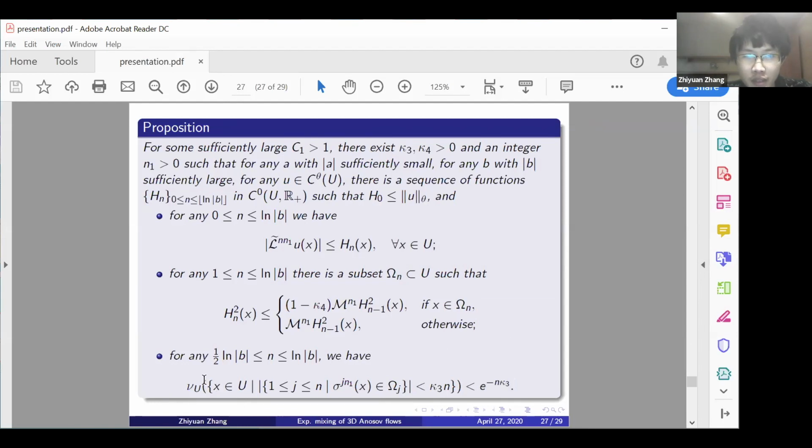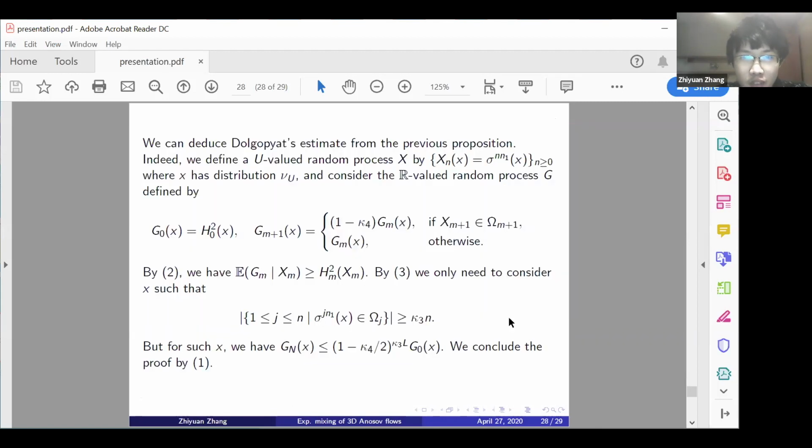Each time you run into one of these sets, the value decreases a little bit. If you run into them many times, the value is exponentially small. But if a point does not run into them very often, such points will be rare. This is the basic reason we use this scale.